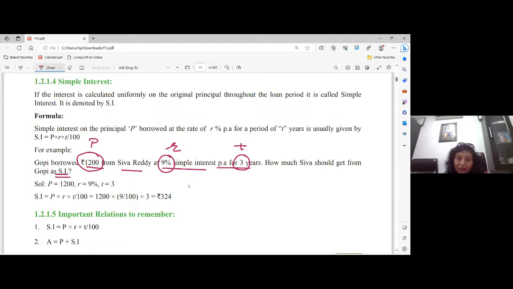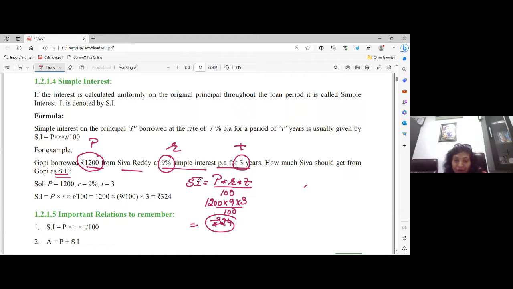Whenever we have to find out simple interest, our formula is principal into rate into time upon 100. So principal is 1200, rate of interest is 9%, time period is 3 years. So total simple interest is 9 3s are 27, 27 into 12, that is rupees 324.